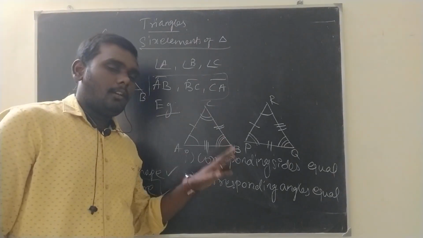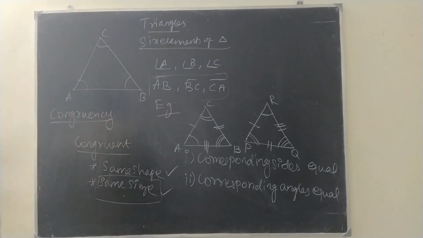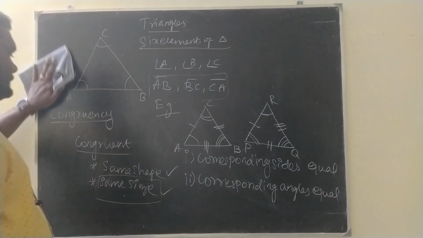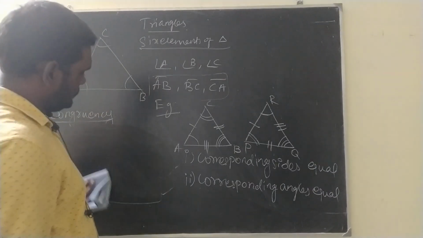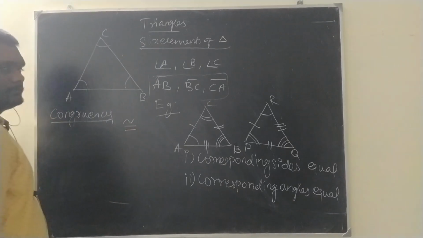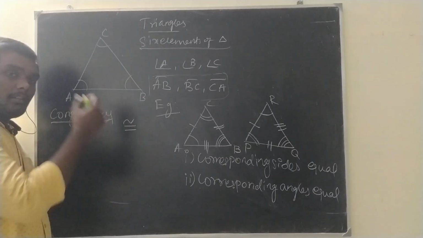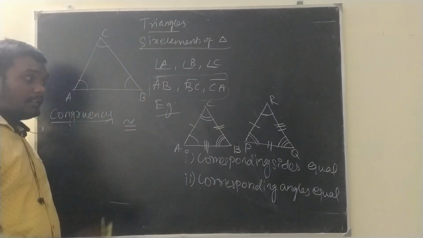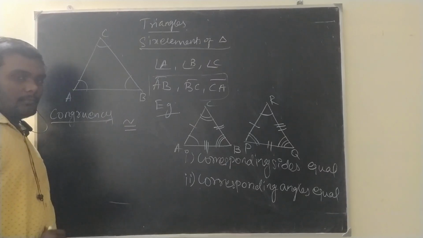How do we denote the congruency of two triangles? That is denoted by the symbol like this. The symbol name is congruent. We read this as "is congruent to".